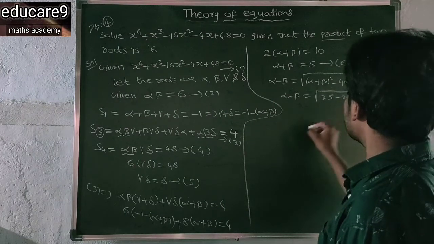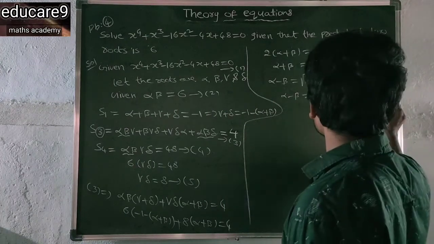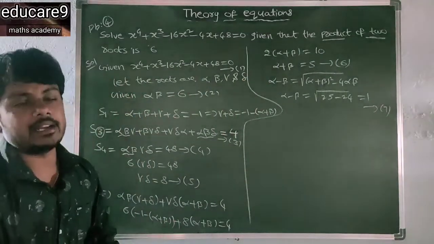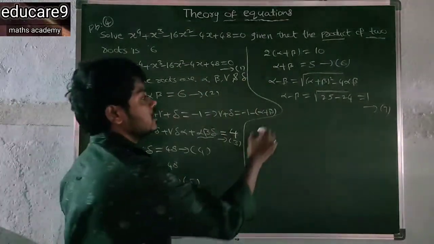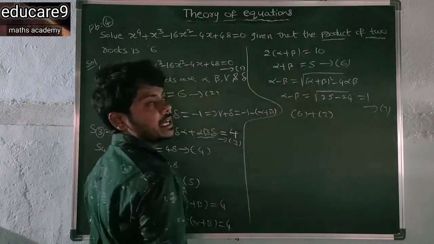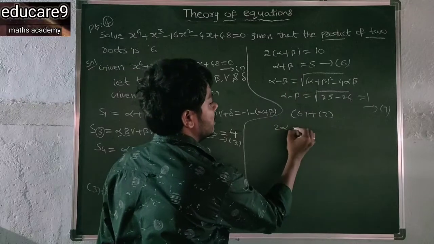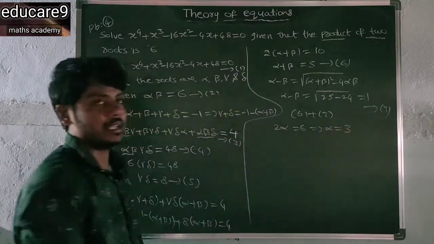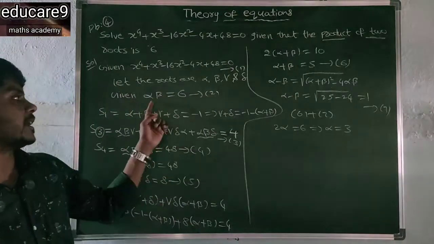You get 1. So this is equation 7. Now using 6 and 7, you can find the alpha and beta values. So add 6 and 7. Beta cancels, so you get 2 alpha is equal to 6. Alpha is equal to how much? 3. Now substitute alpha in equation 2.